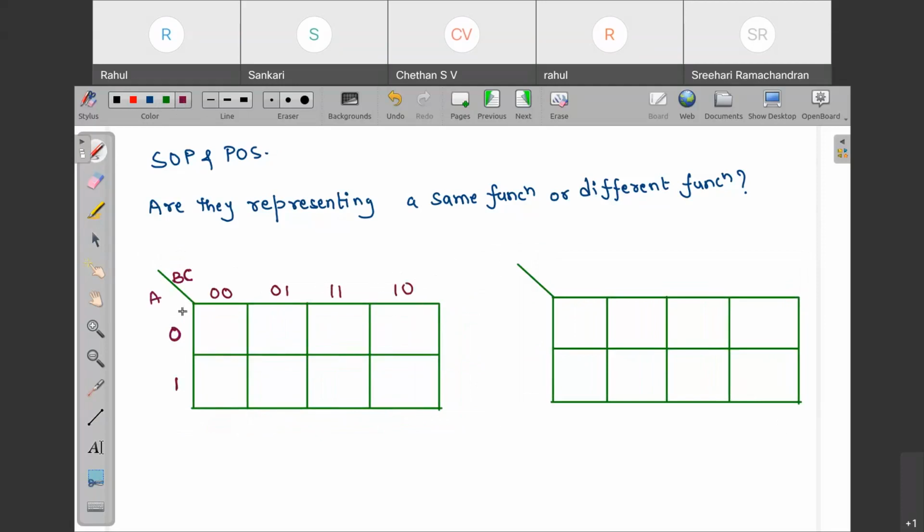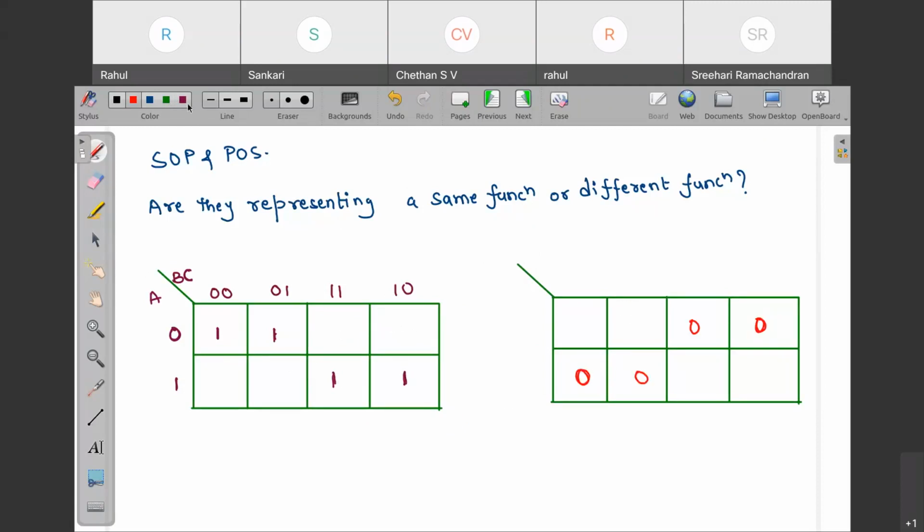Suppose I have ones in the following cells. The remaining cells don't have don't care, as I haven't mentioned anything about don't care. So the remaining cells are filled with zeros by default.